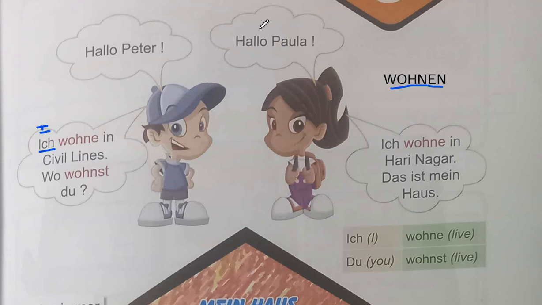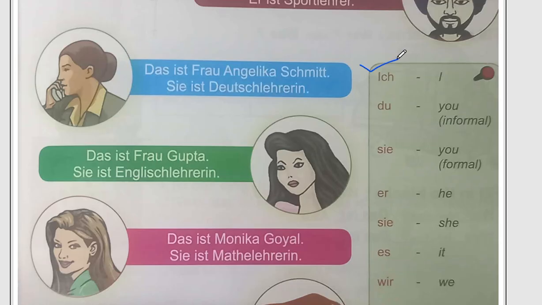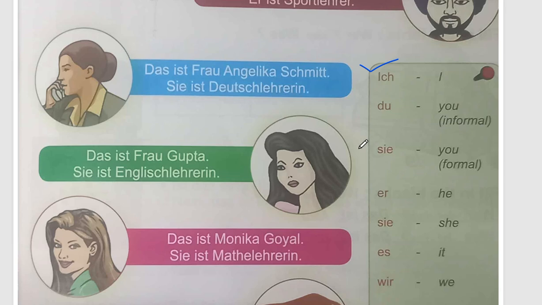If you remember, in the last chapter we had learnt about a table. Remember this table? We learnt about ich, du, Sie, er, sie, es, wir, ihr, sie, and what they mean. Like ich means I, du means you, Sie means you, but it's formal.